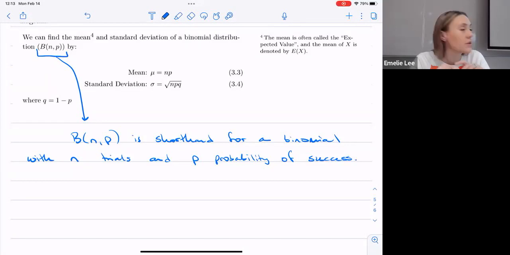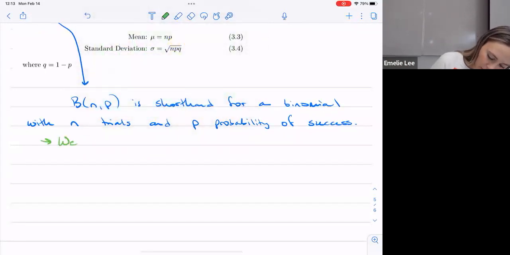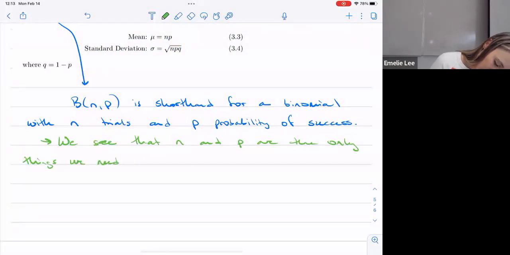We say that those are the 2 things that we need in order to describe the whole binomial distribution, right? And so here we see that n and p are the only things we need to describe a binomial.